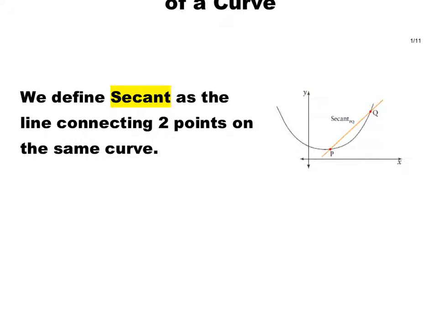For example, in this function, you can see it is not linear, and we define the secant here between point P and Q as a line which joins these 2 points. So a line that goes from point P to point Q is called the secant. As you can see, when points P and Q get closer and closer together, the orientation of line PQ changes.